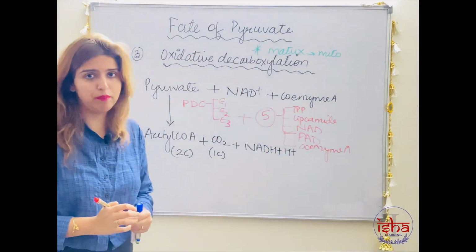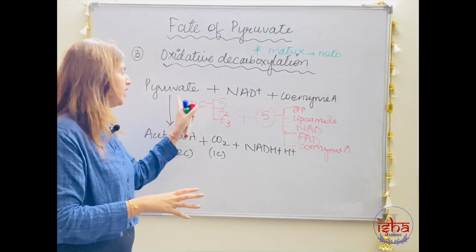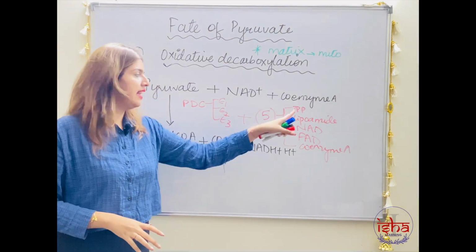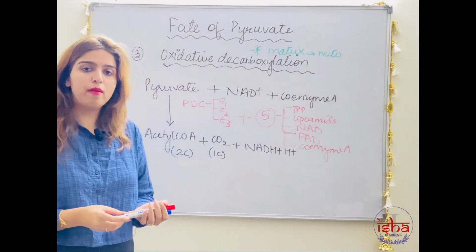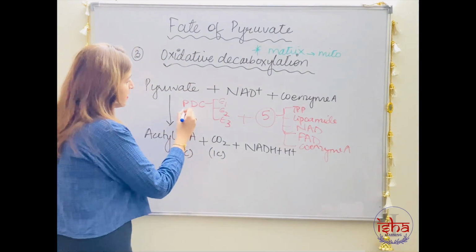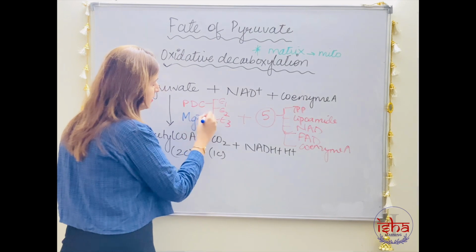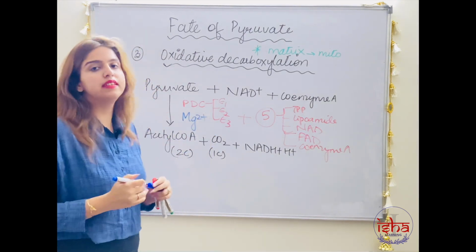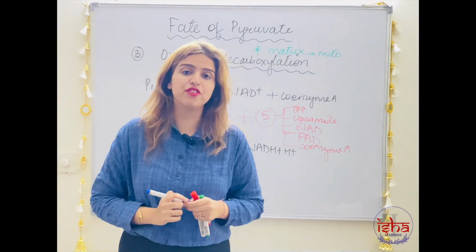You need to remember this, right? You need to remember the name of this complex at least and the 5 cofactors. This complex, all these enzymes also require an ion, that is our magnesium ion, right? And this process happens in the mitochondrial matrix.